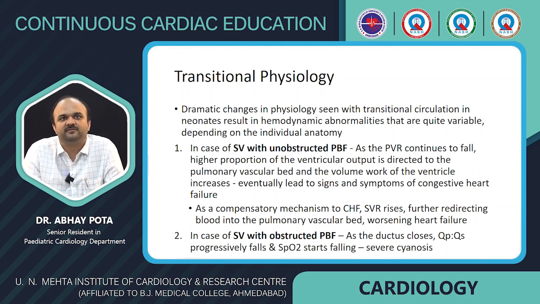In case of single ventricle with unobstructed pulmonary blood flow, as the PVR continues to fall, a higher proportion of the ventricular output is directed to the pulmonary vascular bed and the volume work of the ventricle increases. This eventually leads to signs and symptoms of congestive heart failure. As a compensatory mechanism to CHF, systemic vascular resistance rises, further redirecting blood to the pulmonary vascular bed, which was already overloaded, further worsening heart failure.